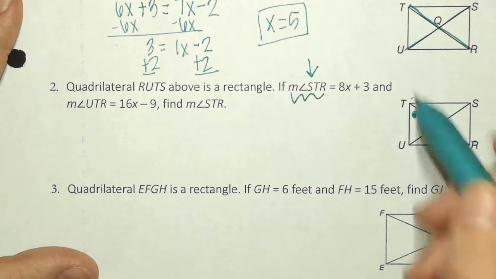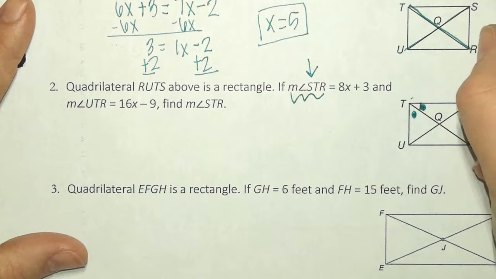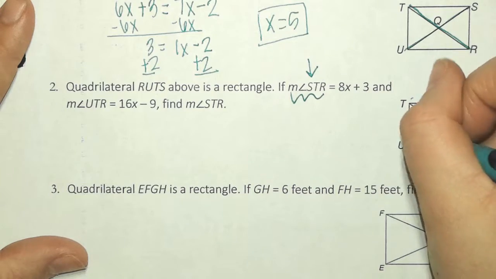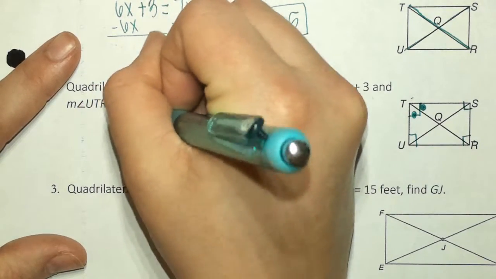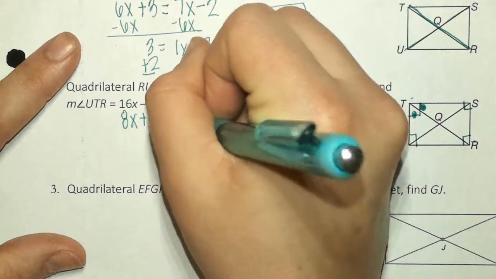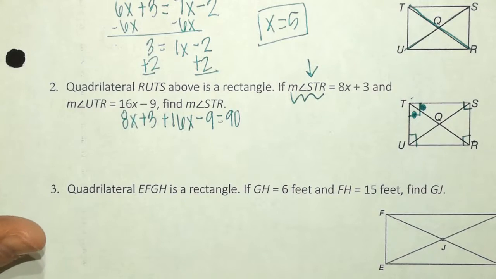90. So wouldn't we add them up to equal 90? Because in a rectangle, all of these are right angles, which means they're 90. So you'd have 8x plus 3 plus 16x minus 9 equals 90.